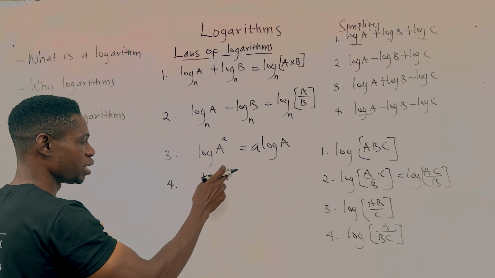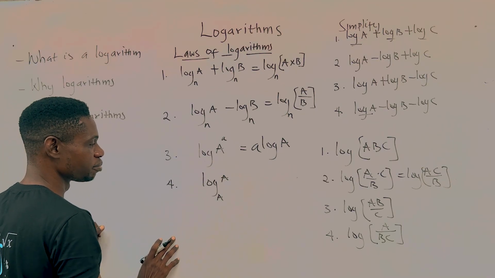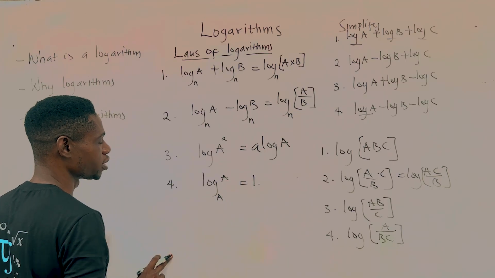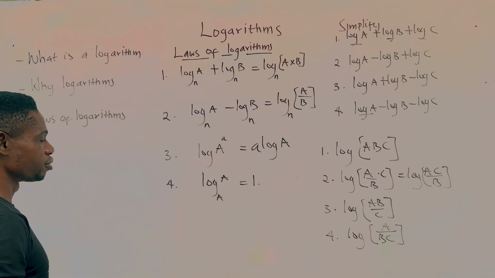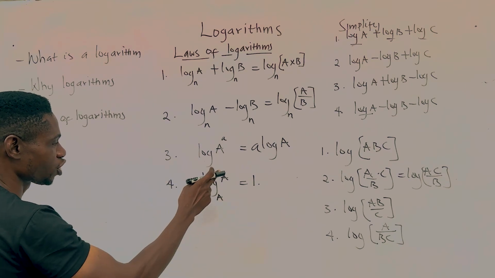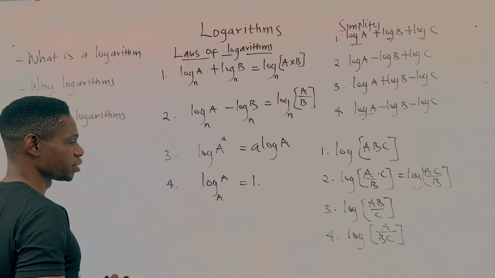Now, if the argument and the base of a log are the same, it gives you 1, regardless of the value. So if the argument and the base are the same, the answer is 1.